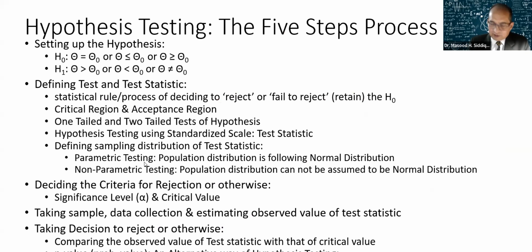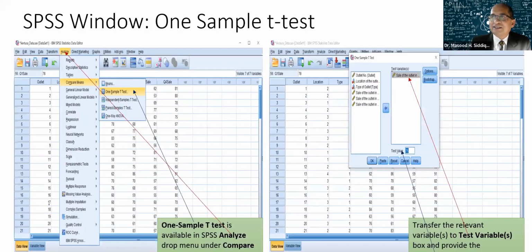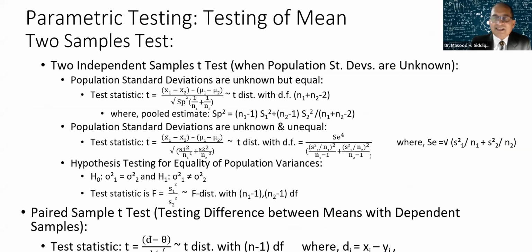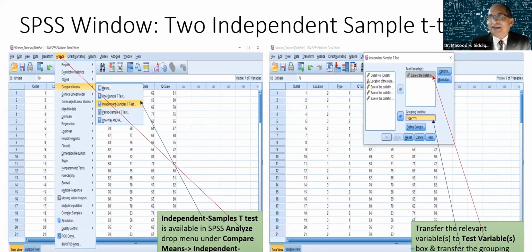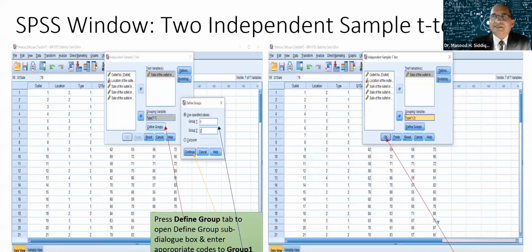As you can follow in the notes, in parametric testing, the population distribution follows normal distribution. Non-parametric is used if the normality assumption cannot be made. And the parametric tests that we are going to study are the z-test and t-test, the paired t-test, independent sample t-test, and ANOVA, right? All these are examples of parametric tests.